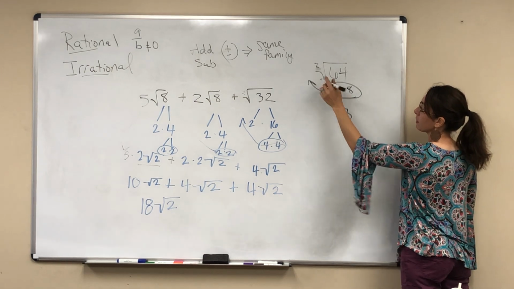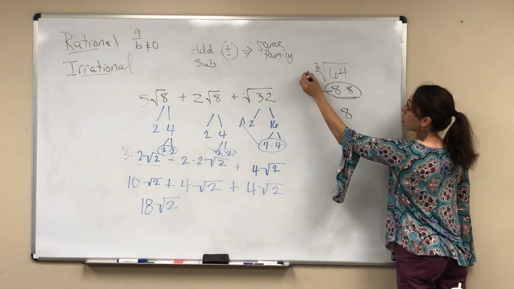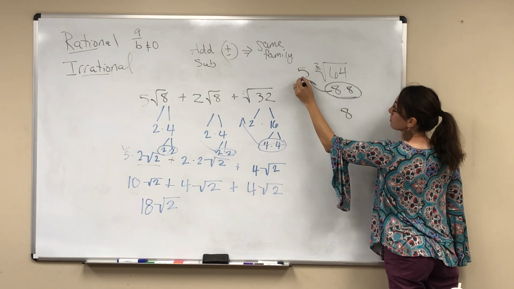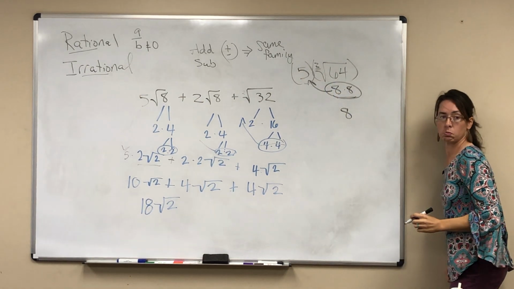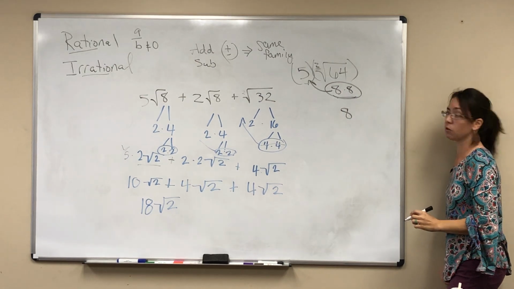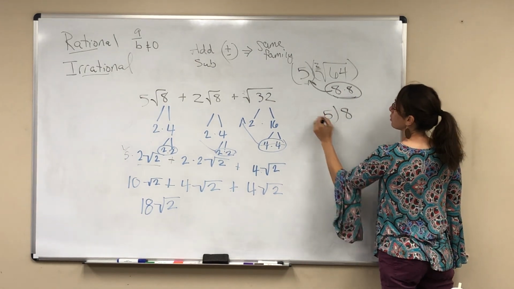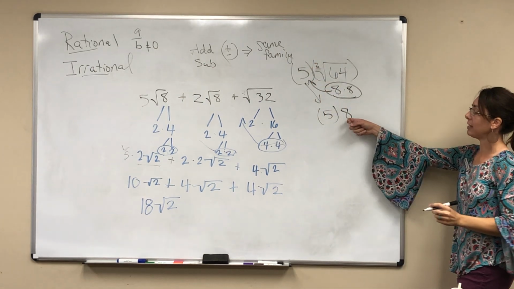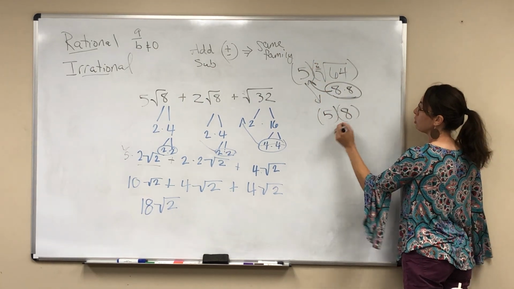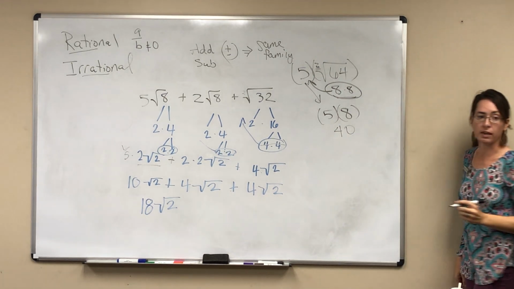If there was already a number out here, we can think of it in parentheses. You're welcome to write it in parentheses if you want to. So my 5 would stay, my square root of 64 is 8. It stays, so now my new number is 40.